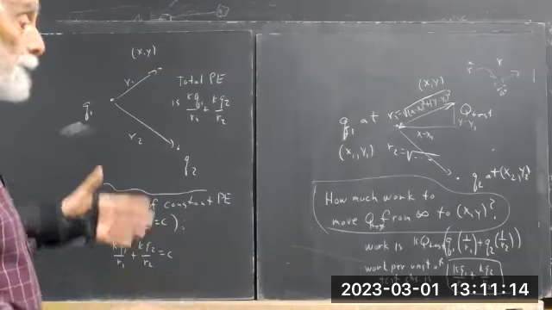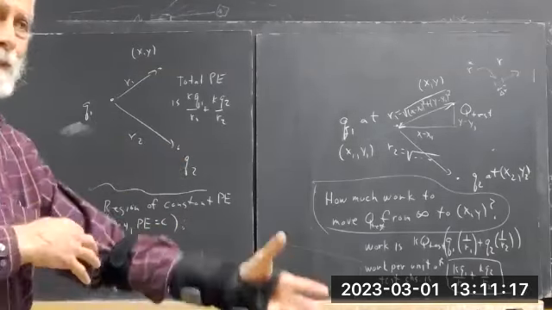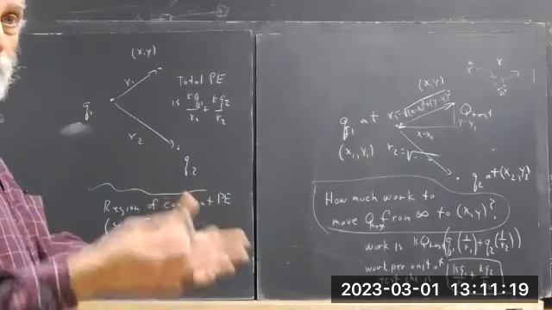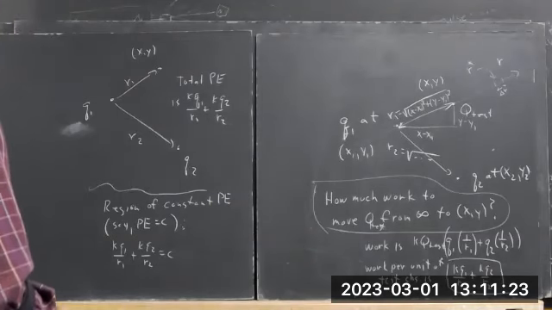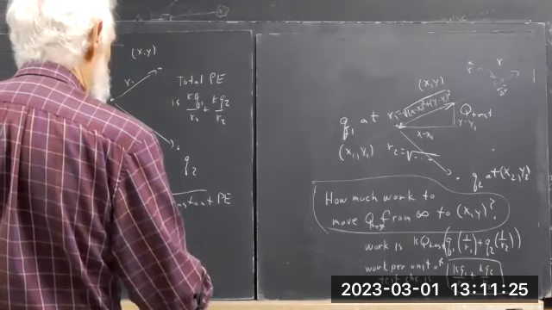If you go to 3 dimensions, you just rotate that curve in every possible direction and you get a surface. This is an equipotential surface.